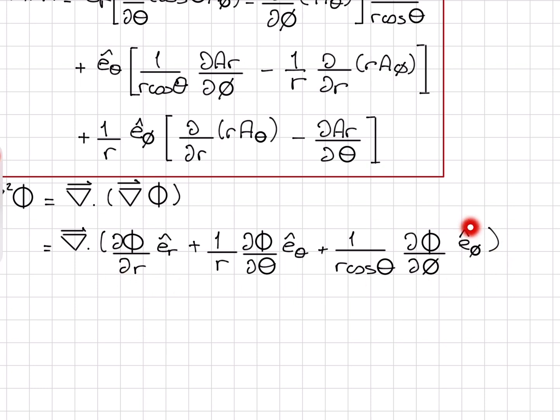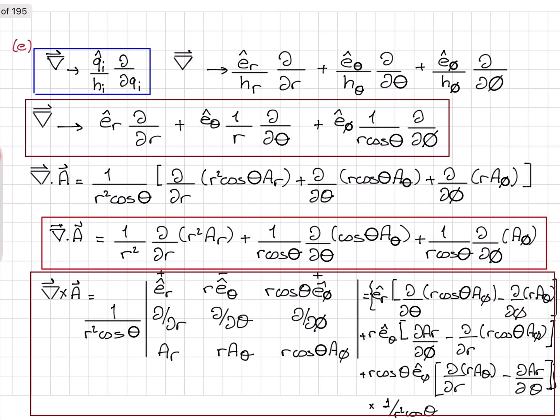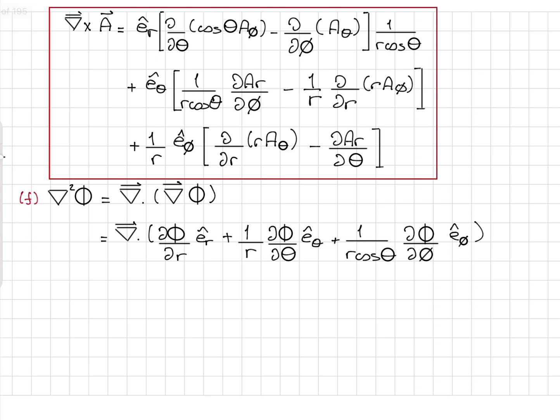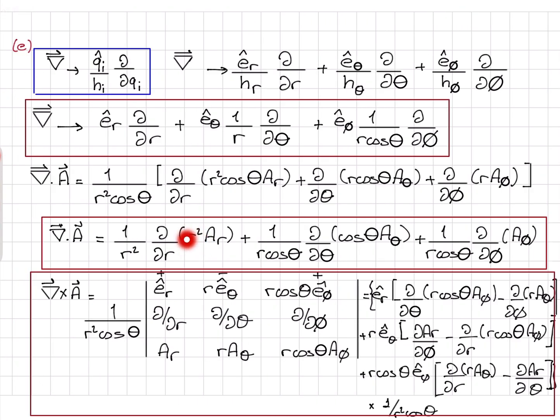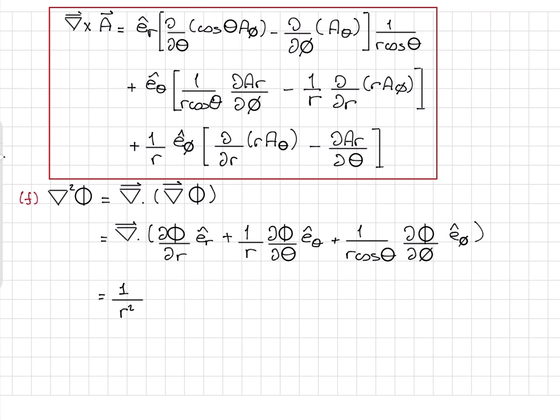Now we're going to take the divergence of this. For that we need to know the r component, theta component, and phi component. And the divergence was 1 over r squared, partial derivative with respect to r of r squared multiplied by the r component. So we will have 1 over r squared, let's check it, r squared times A_r's r derivative.